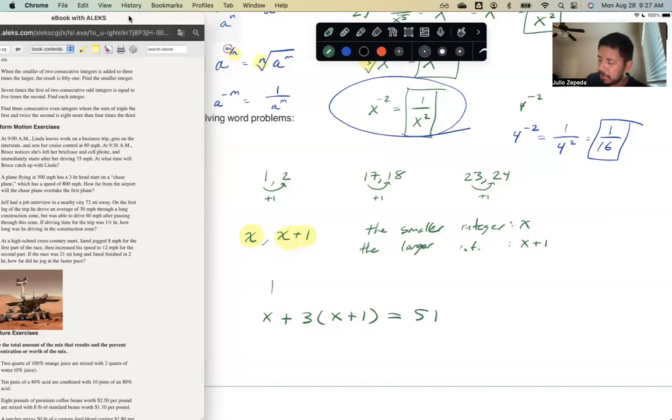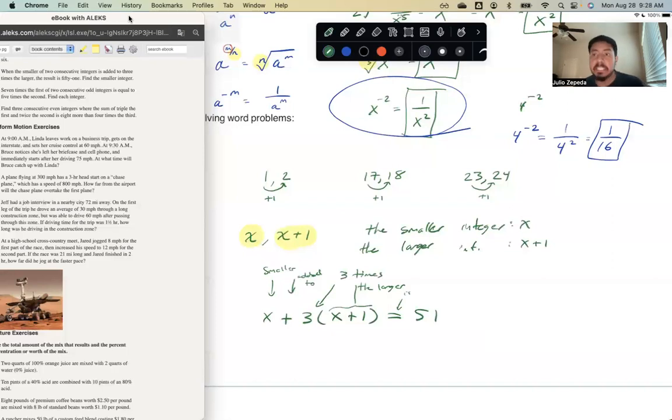Okay, so the smaller is added to 3 times the larger. The result is 51. So that's kind of breaking down how we set that equation up.